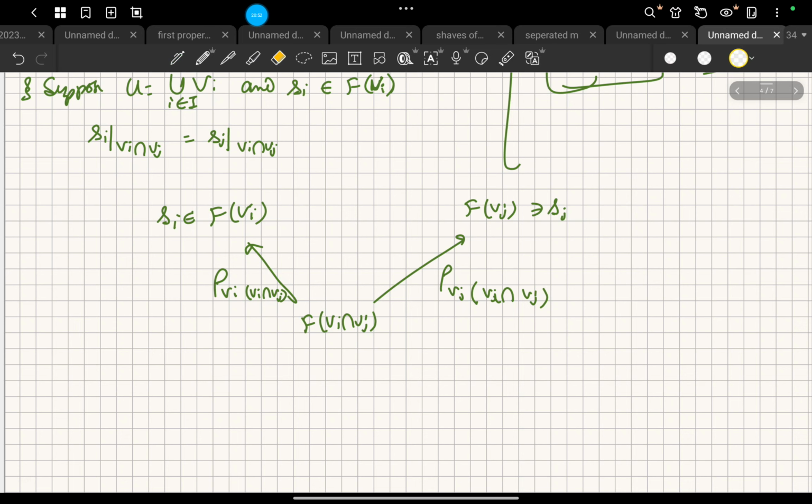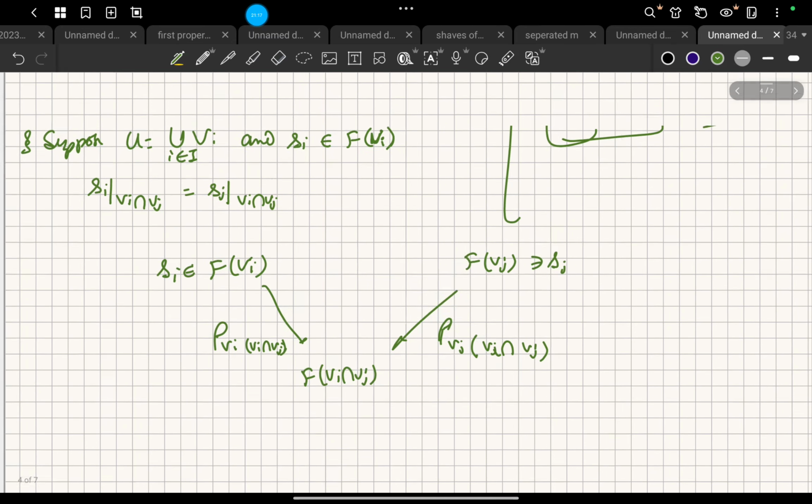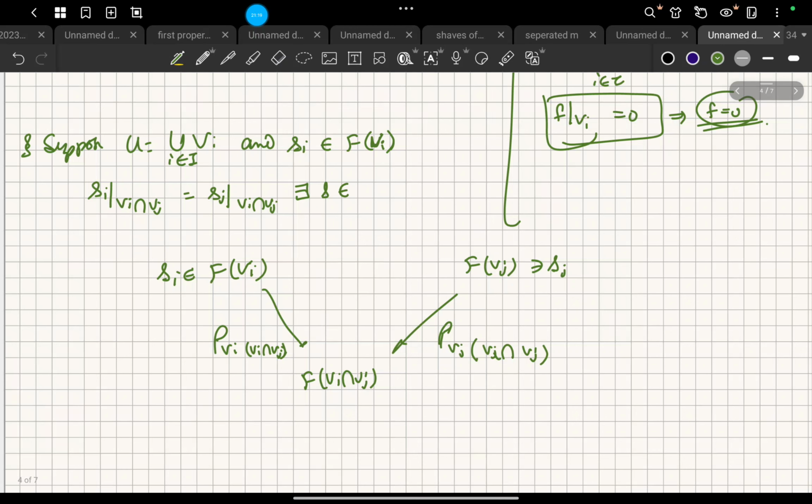Sorry, I'm very sorry, that notation should be changed here. Now it's saying that both the images of Si and Sj are the same in this particular abelian group. In that case, there exists a small s belonging to F of U such that s restricted to Vi is Si.